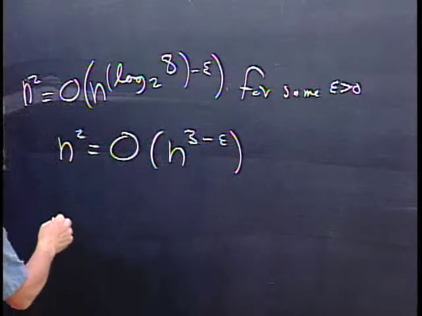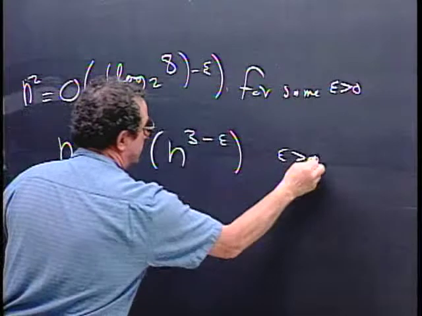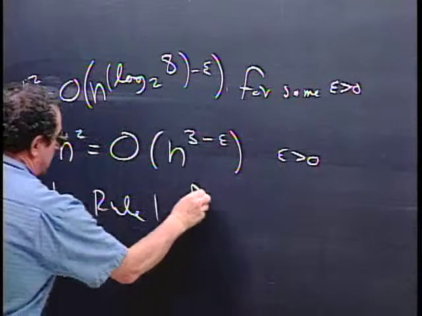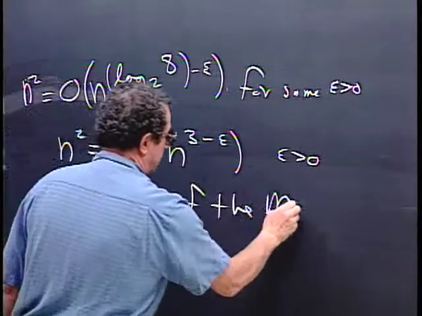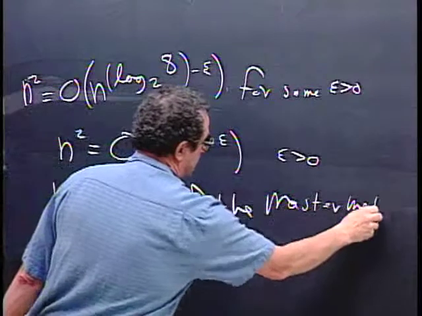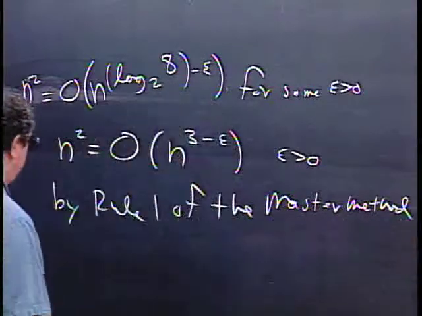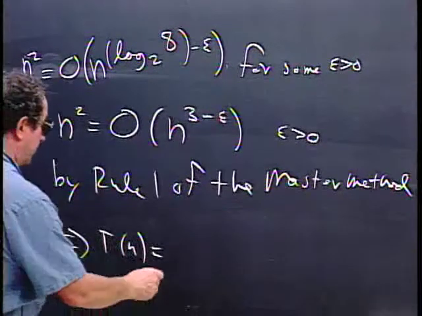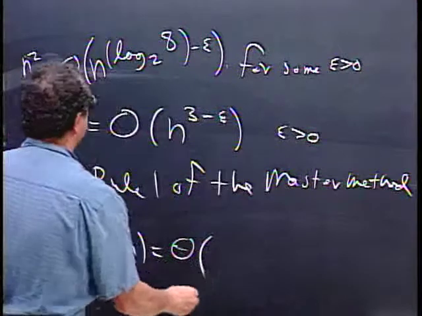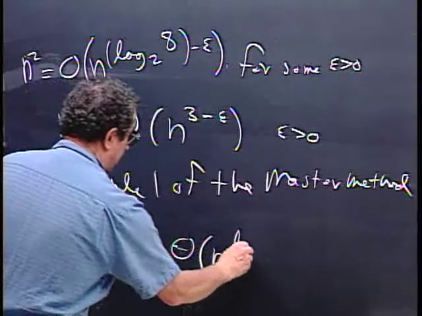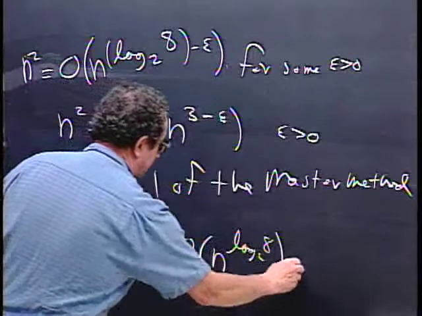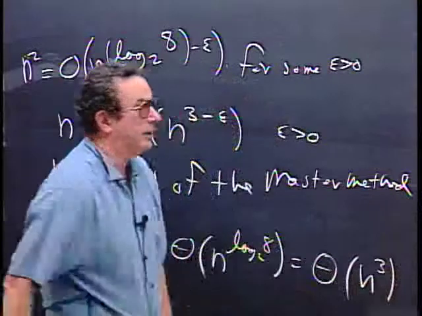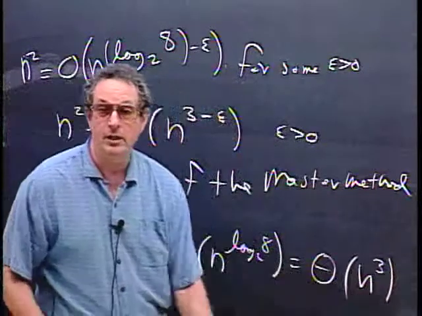And by rule 1 of the master method, this implies that T(n) is equal to theta of n to the log base 2 of 8, which means theta of n cubed.